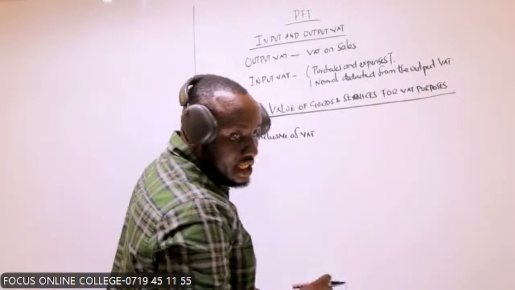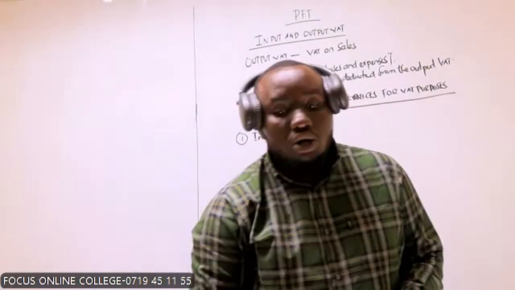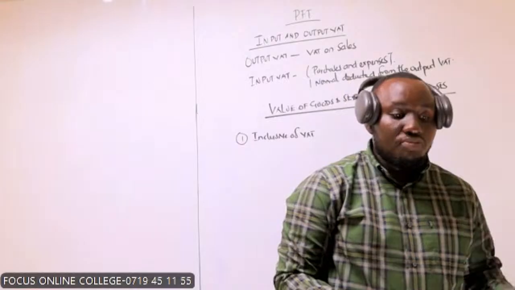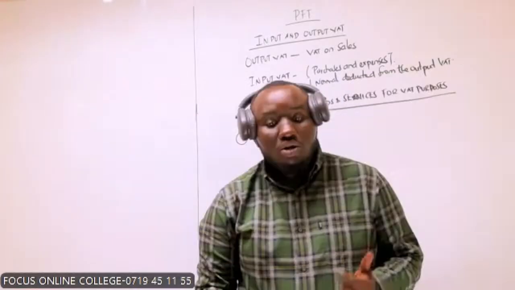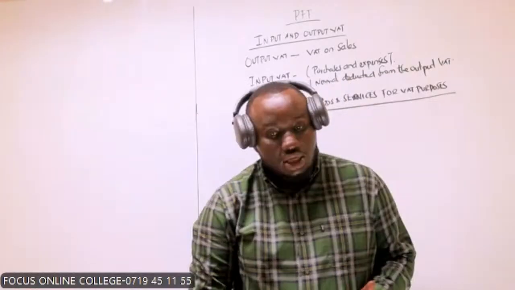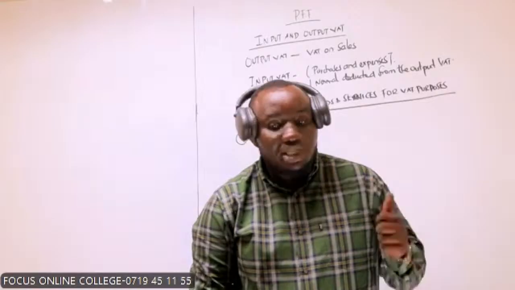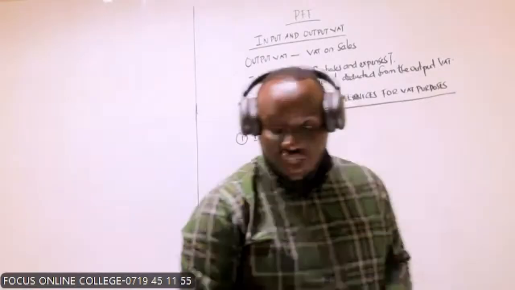Are we together? So when determining VAT, you have two concepts. It can be inclusive of VAT or it can be exclusive of VAT. When you say inclusive of VAT, it basically means the value given already has VAT.